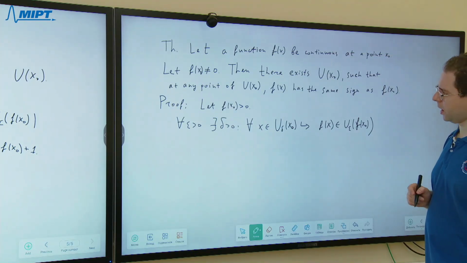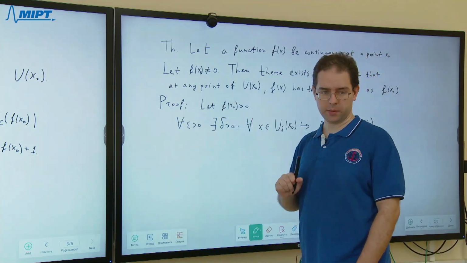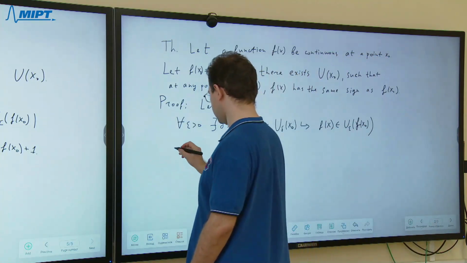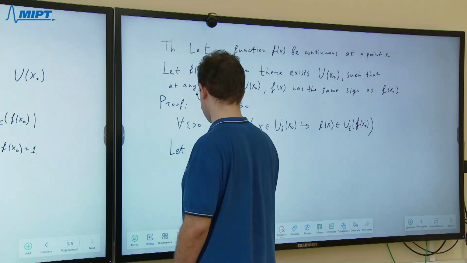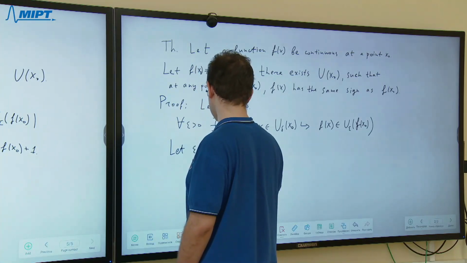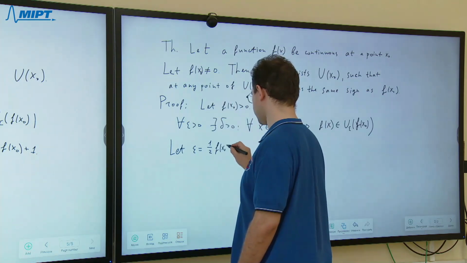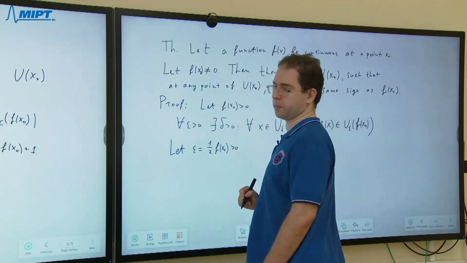So, f of x0 is a positive number, so I can choose epsilon to be 1/2 of f of x0. This is a positive number.